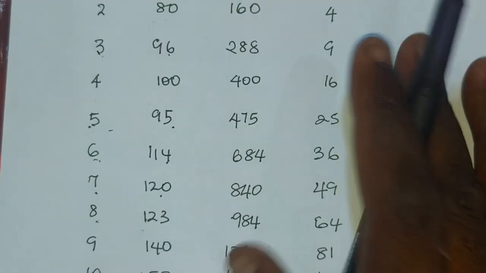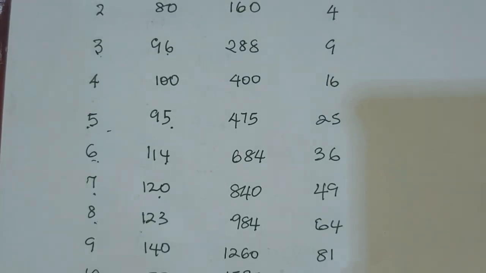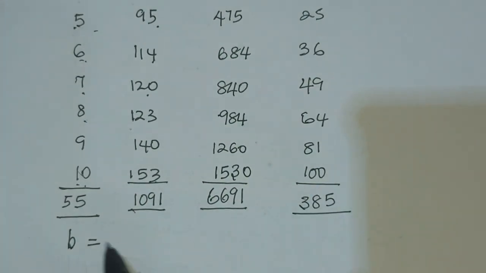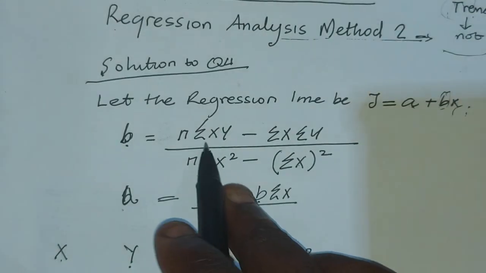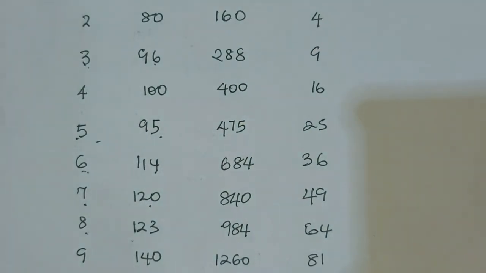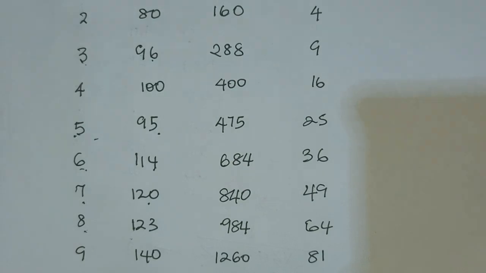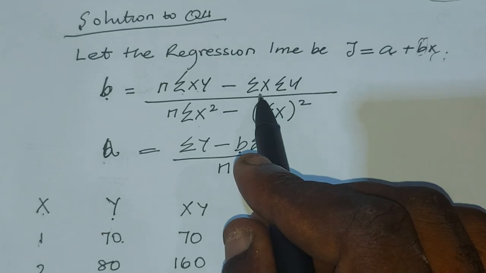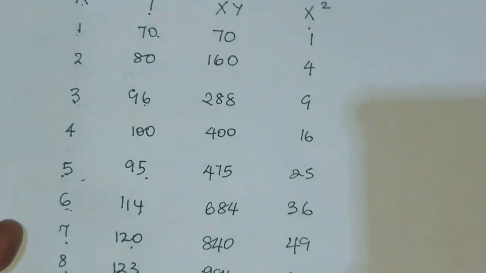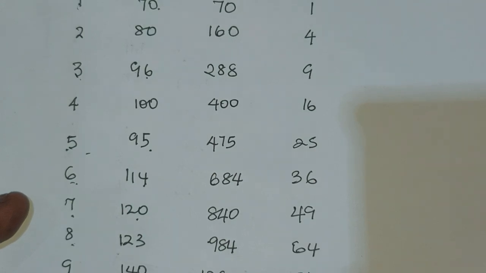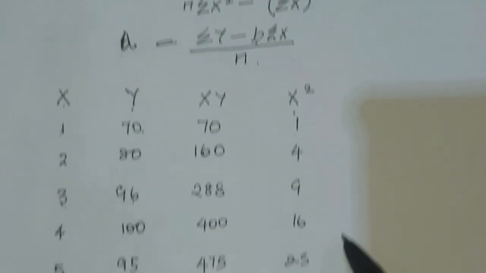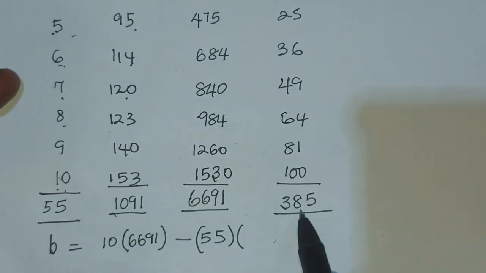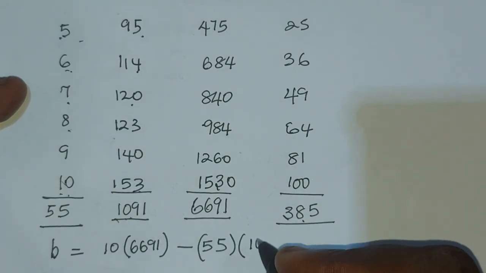All right. So what do you have now? Our b is n, which is 10, into brackets summation xy, which is 6691, minus summation x, that is 55, into brackets summation y, that is 1091.